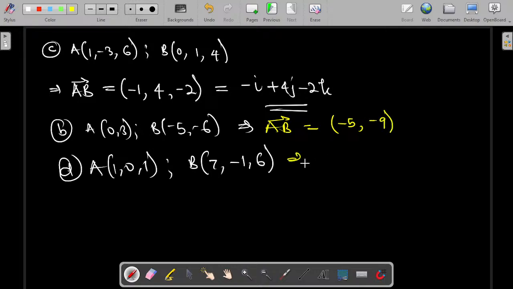Okay, while for example D, okay, I've seen responses. All right, let's see. Our AB is going to be equal to 7 minus 1 is 6, minus 1 minus 0 is minus 1, and 6 minus 1 is 5.